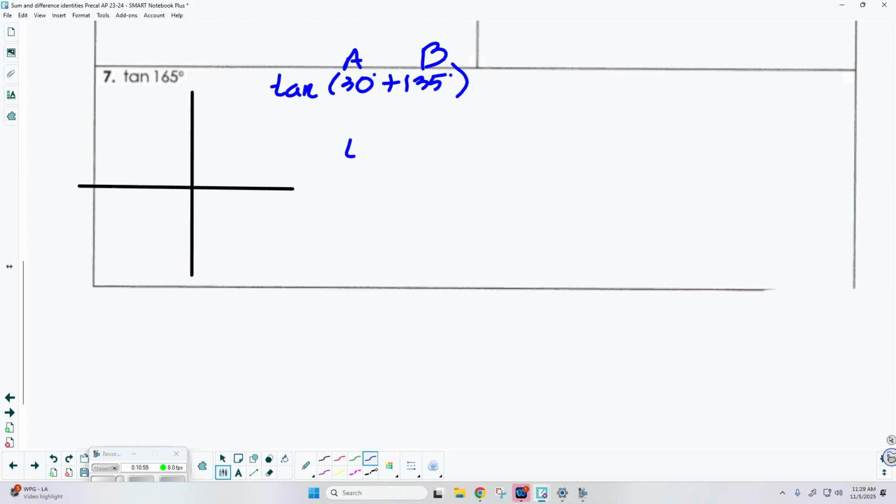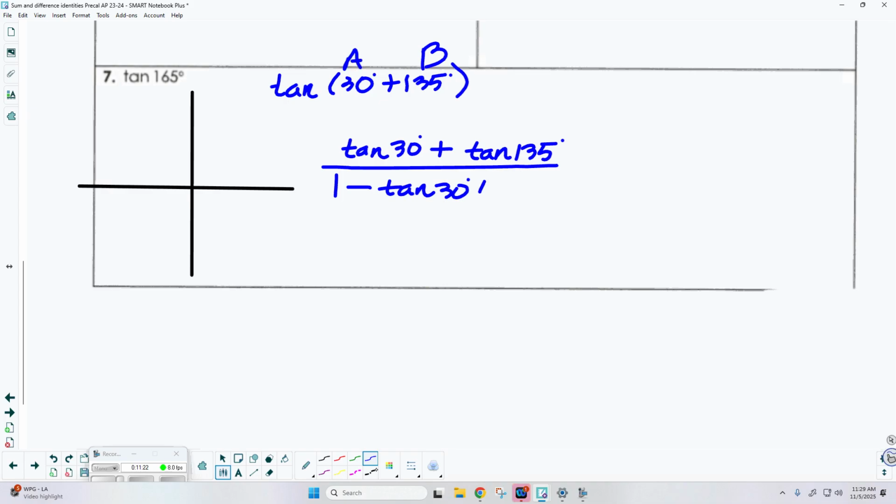The numerator is going to be a tangent of 30 degrees plus, remember we keep the same operation, tangent of 135 divided by, now what happens after the 1? This is where we flip the sign. So we started with a sum, now it's a difference, and I'm going to multiply the 2 together.